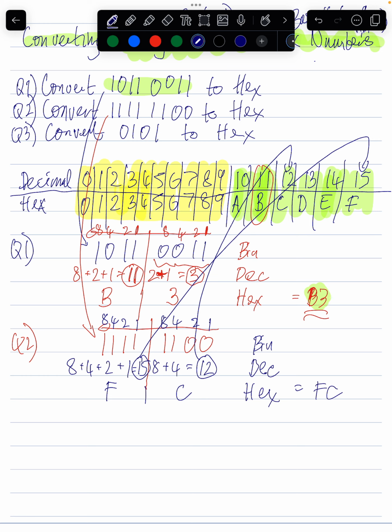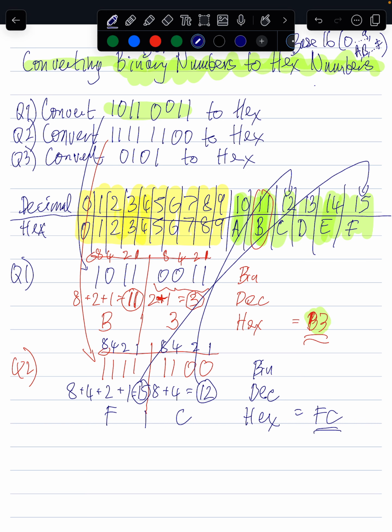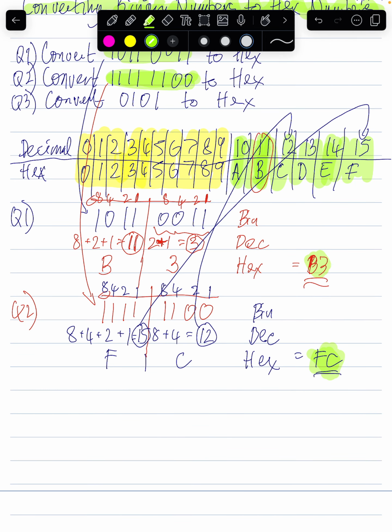We don't add them up, we just leave them as they are. So this number in binary is FC in hex. And by the way, this shows the advantage of hex numbers. Instead of writing out long binary numbers, in hex it's much shorter. 8 bits here can be represented as 2 hex digits.